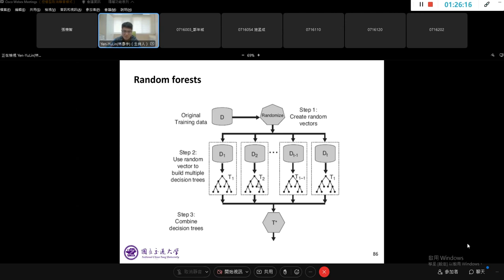We also want to increase the degree of complementarity to each other. Okay, so this is the process of random forest. After generating T decision trees, we still use majority vote to carry out final classification or regression.